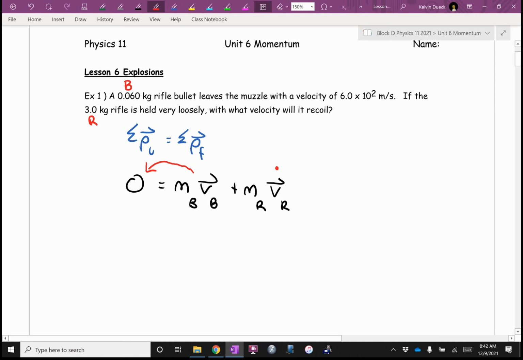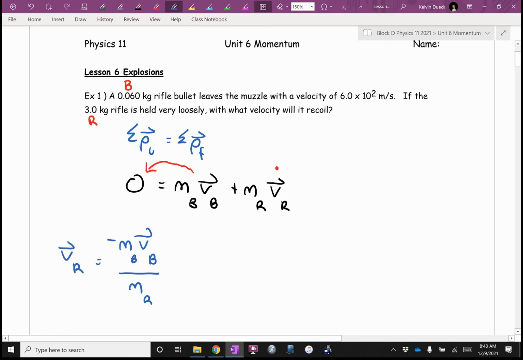How would I move that over? Yeah, in fact, that's just going to give me plain old negative MBVB. And then how will I move the mass of the rifle over? That's going to be the velocity of the rifle.